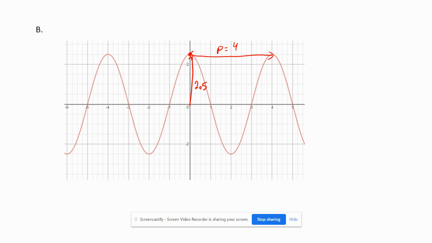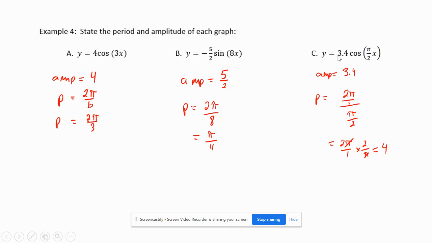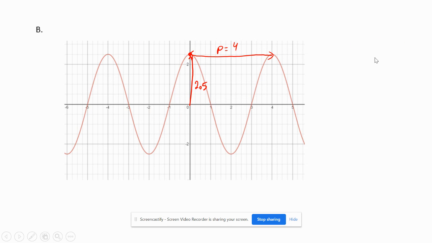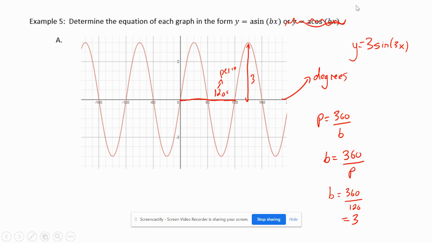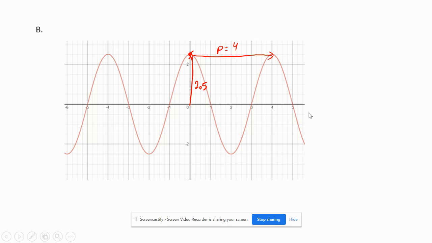Let's figure out our b value now. Sorry guys, I should have specified before, but this is going to be measured in radians. So our period is 2 pi over b.